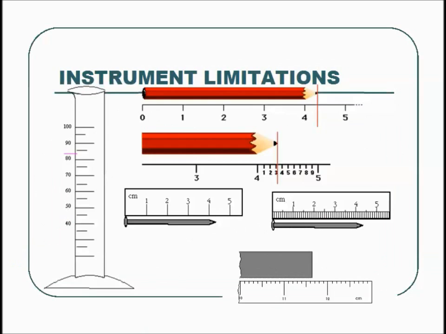So let's take a look at these instruments. Here's a graduated cylinder. These all have different amounts of precision based on their divisions. We can look at the divisions and estimate to the next division. What do you mean? I don't understand? That's fine. Here, this graduated cylinder is divided into 10s: 40, 50, 60, 70, 80, 90.